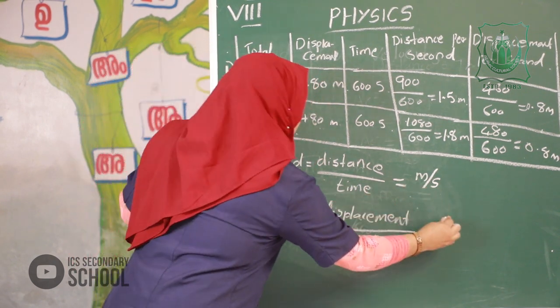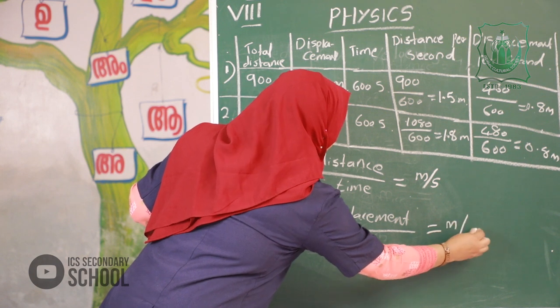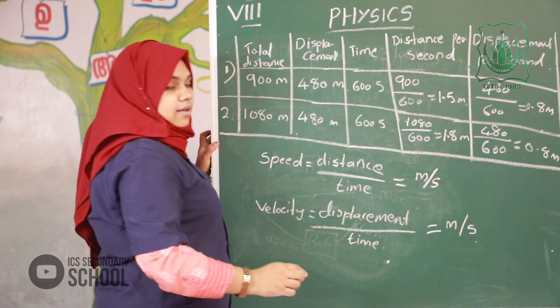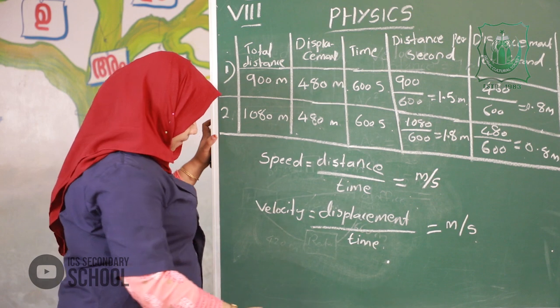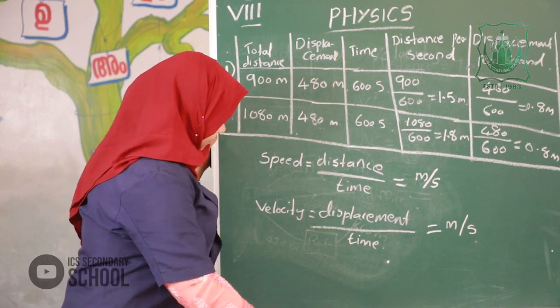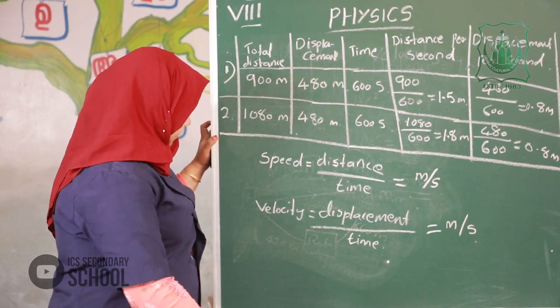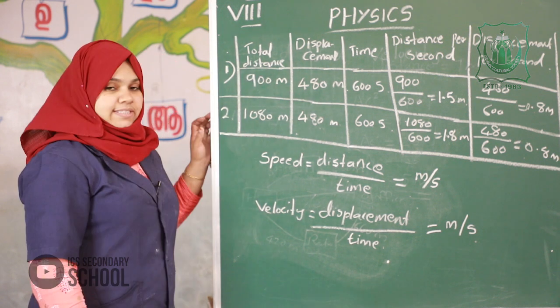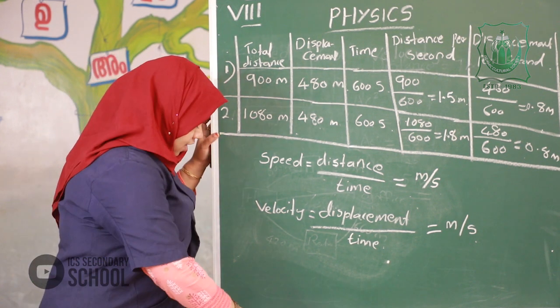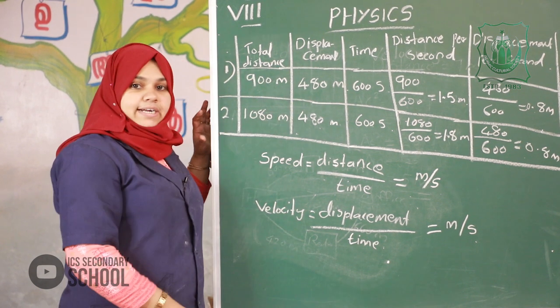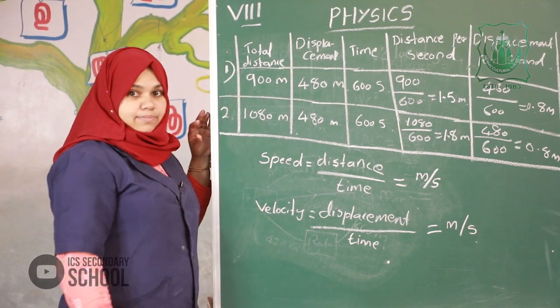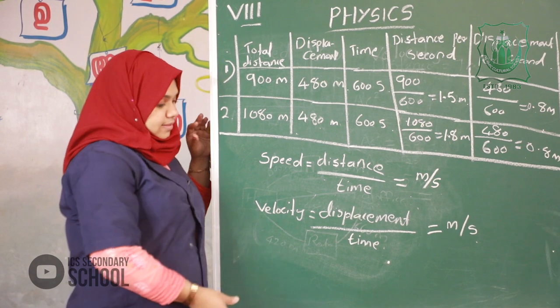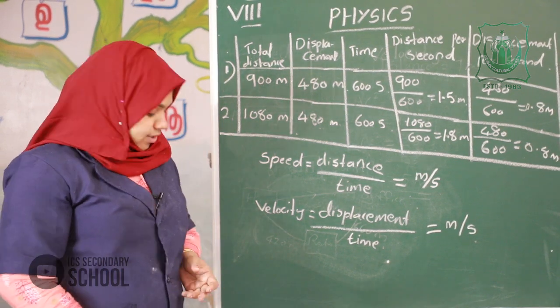The unit of displacement is also meter, and the unit of time is also second. So meter per second. Which one is vector quantity and which one is scalar quantity? Velocity is the vector quantity because it has both magnitude and direction.